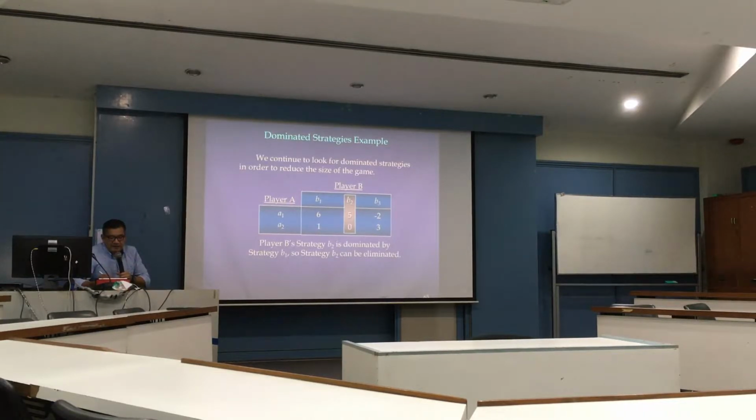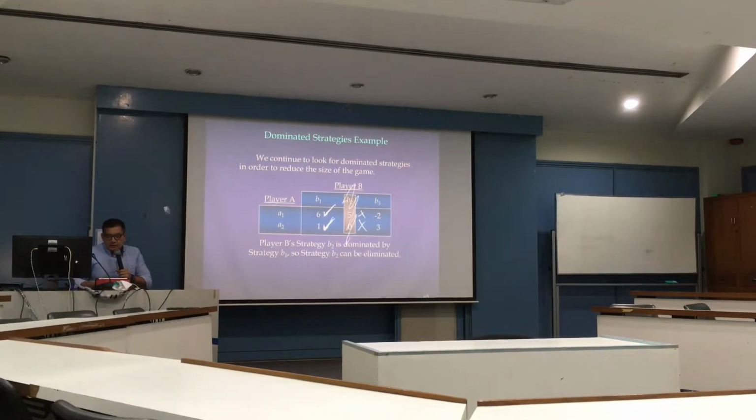If player A uses A1 and B uses B1, you get 6, but if B uses B2, you get 5, so this one is less than 6. And for player A selecting strategy A2 as well, if you select B1, you get 1. If you select B2, you get 0. So this one is higher than this. So B1 dominates B2, and you can eliminate B2.